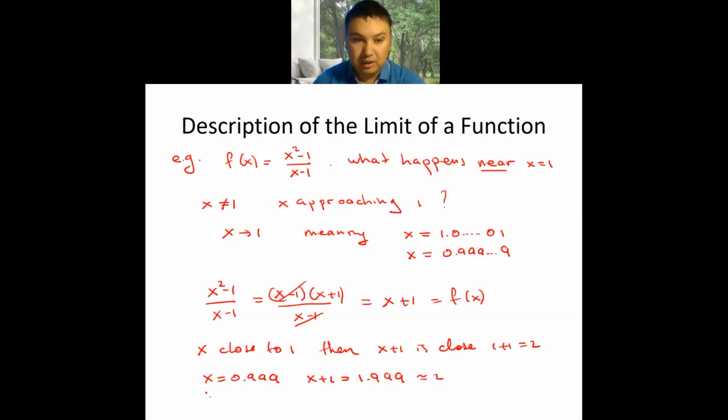Similarly, if x is equal to 1.0001, x plus 1 will be 2.0001, which is close to 2. So we see that this function near x equal to 1 approaches 2.